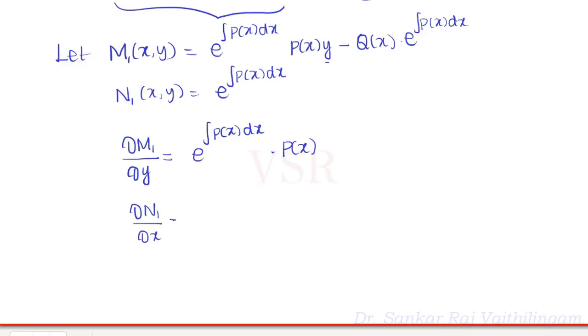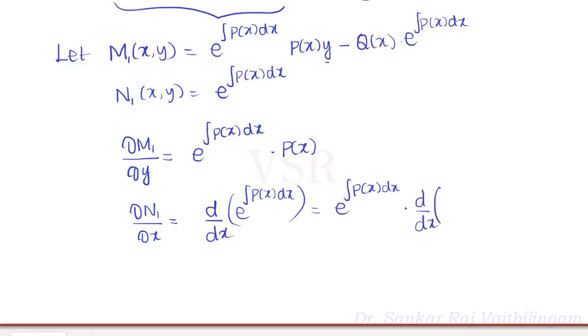I am going to differentiate this, that is d by dx of e to the power integral of p of x dx. Differentiating the exponential gives us the same thing, e to the power integral of p of x dx, into the derivative of the exponent, d by dx of the integral of p of x dx.